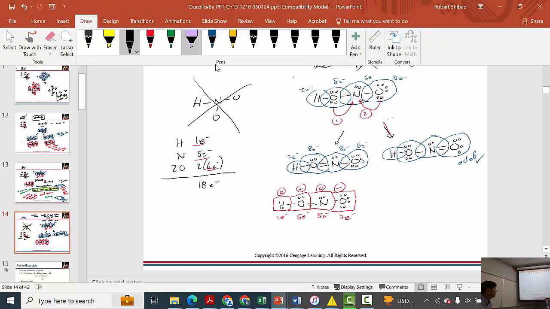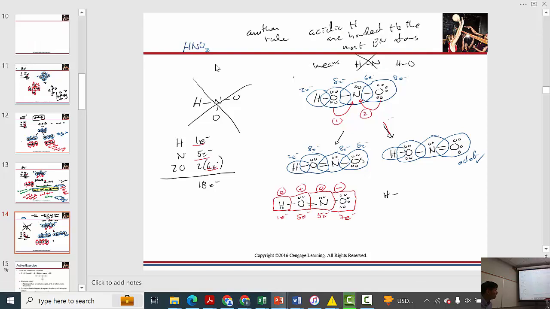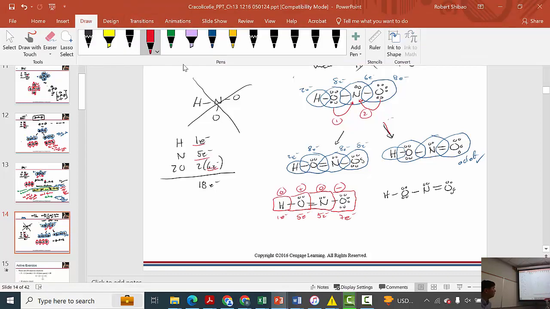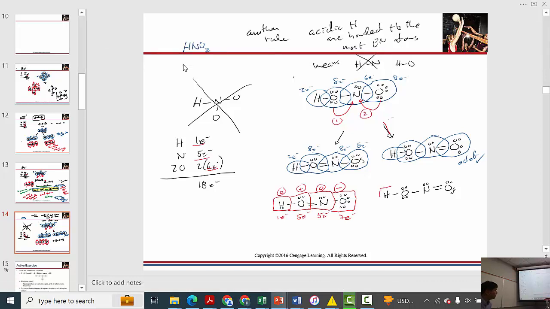Let's take a look at the formal charges on the second structure here. All zero. That's correct. The formal charges are all zero. It's 1 electron, that's 0.